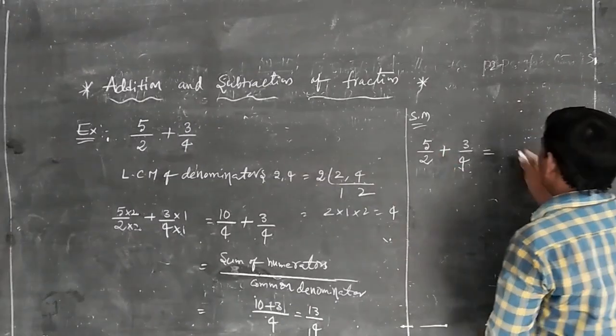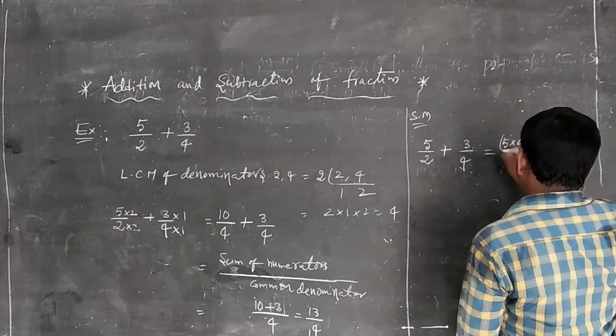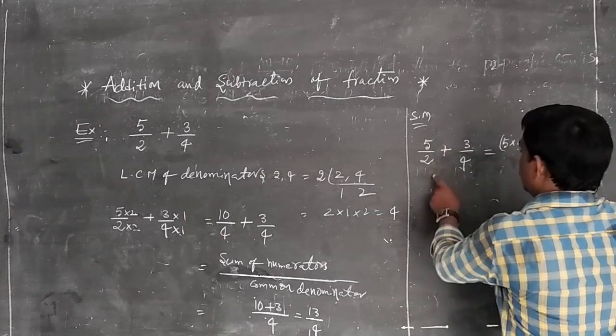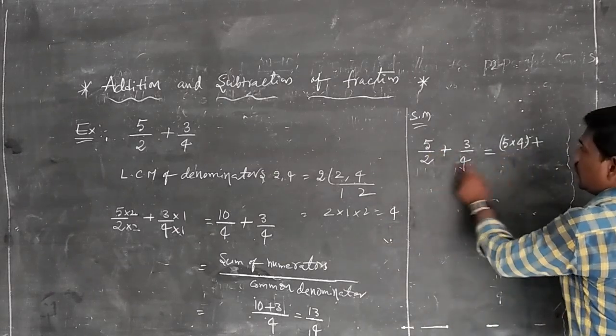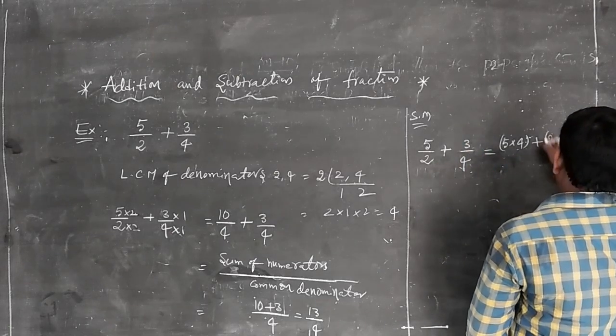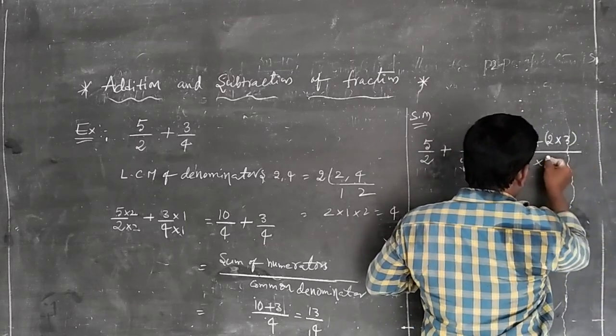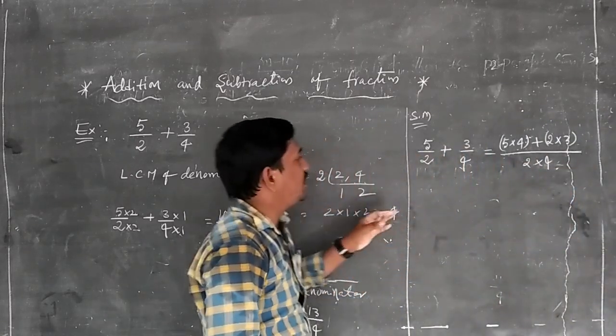5 by 2 plus 3 by 4 equals 5 into 4 plus 2 into 3 by 2 into 4. Understand? Simple method.